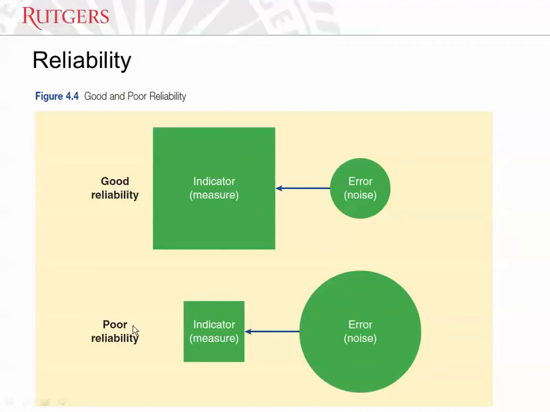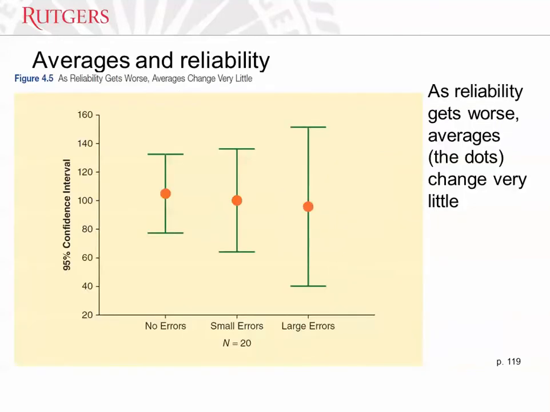Whereas in a situation where there's poor reliability, the data is more driven by random errors. There's more noise in the data and less signal, and this is the way in which researchers think about reliability: the amount of random error that is reflected in their measurement.